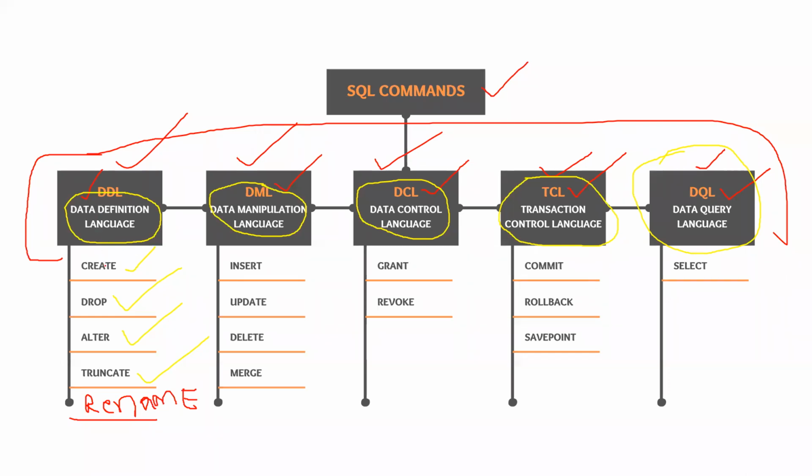So DDL commands are 5 types: data definition language, create, drop, alter, truncate, and rename.